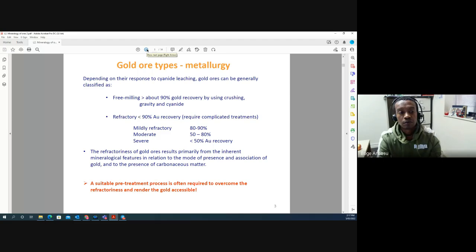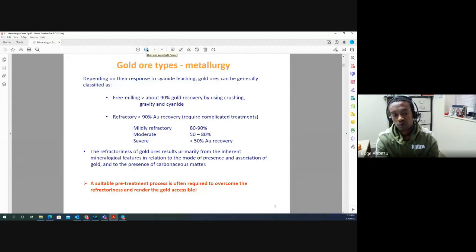So typically we classify gold ores into two main classes. You have either a refractory gold ore or a free milling gold ore. That's typically dependent on the mineralogy associated with them. Some gold ores are easier to process and extract the gold out.